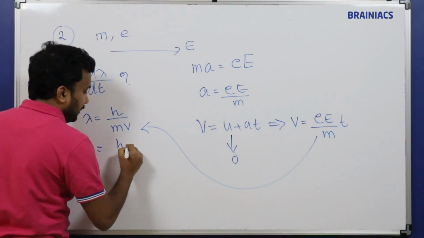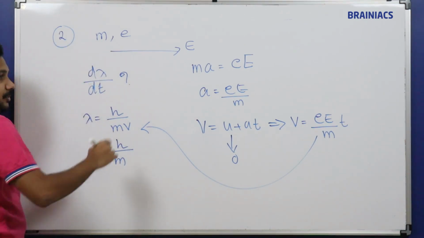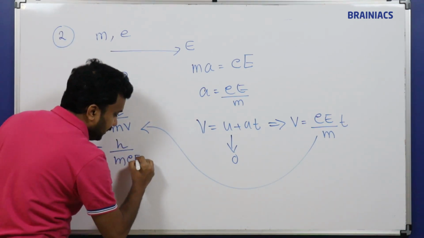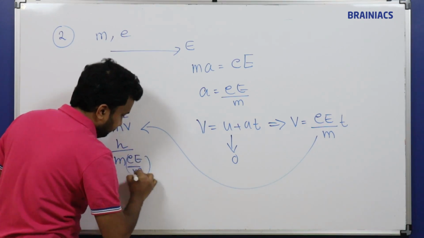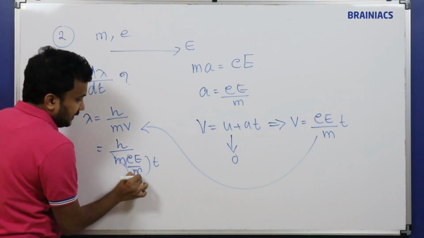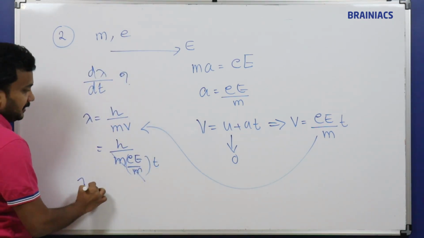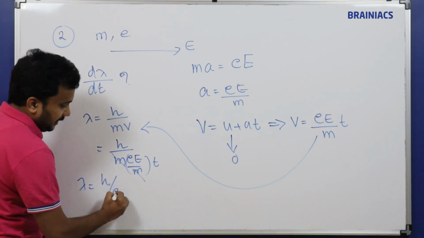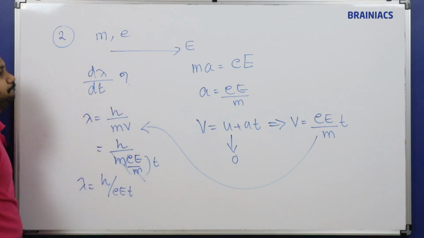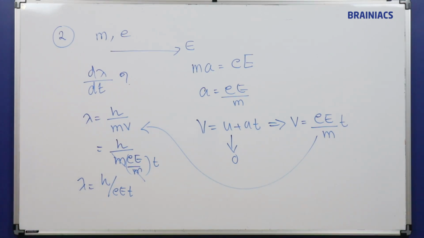So let's substitute h by m into v, instead of v, eE by m into t. So this will cancel, this will cancel. So lambda is equal to h divided by eEt.